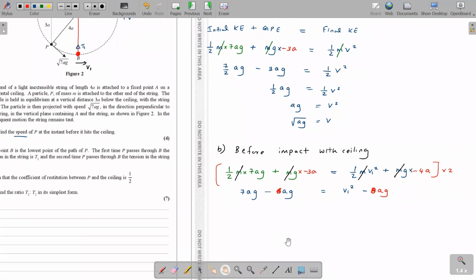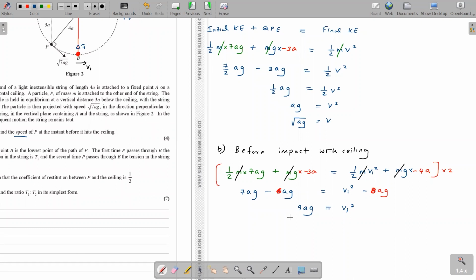Taking everything to one side, v1 squared equals 8 plus 7 minus 6, which is 9ag. So v1 squared is 9ag.